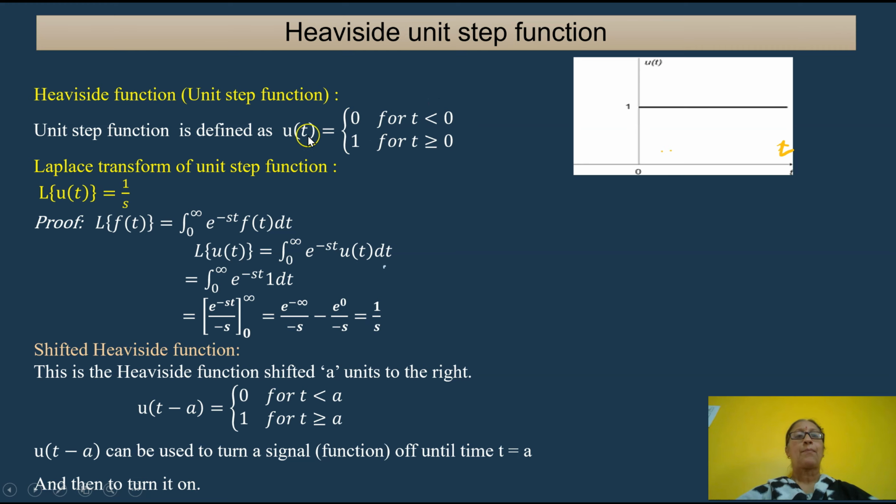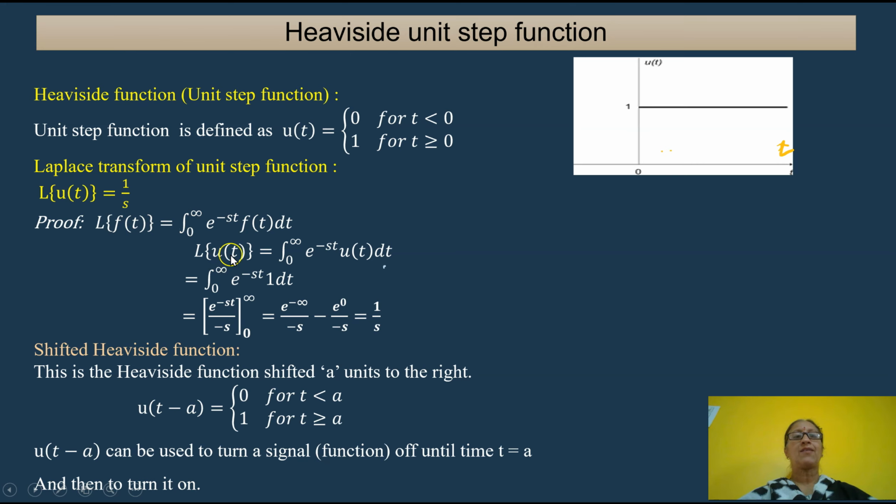Now Laplace transform. To find Laplace transform of unit step function, first let us consider basic definition of Laplace transform, that is L of f of t equal to integral 0 to infinity e power minus st f of t dt. Now in the place of f of t, write this unit step function u of t.